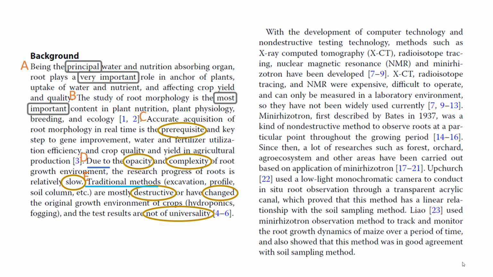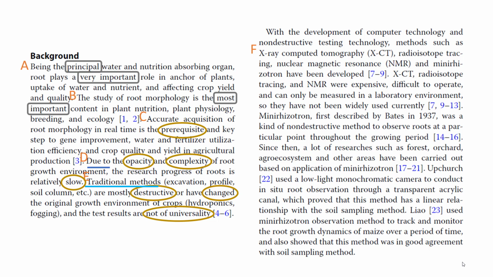So coming down to the next paragraph, the authors introduce more modern methodologies. One of them is X-ray computed tomography. So that would be really good. You can X-ray the roots, then you don't have to destroy them.